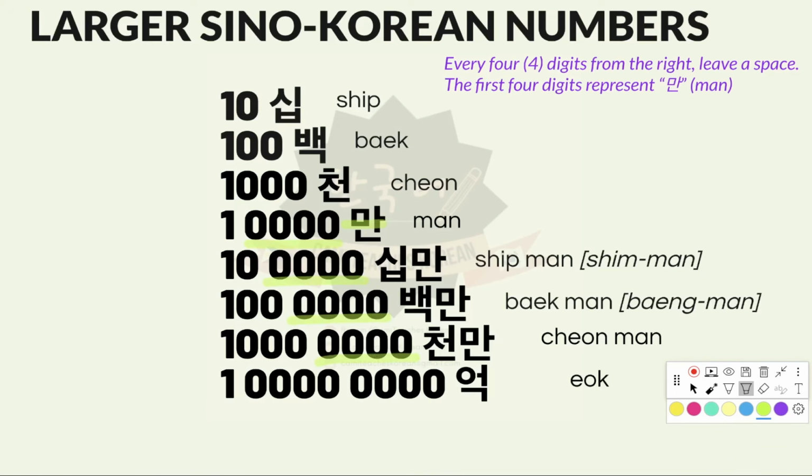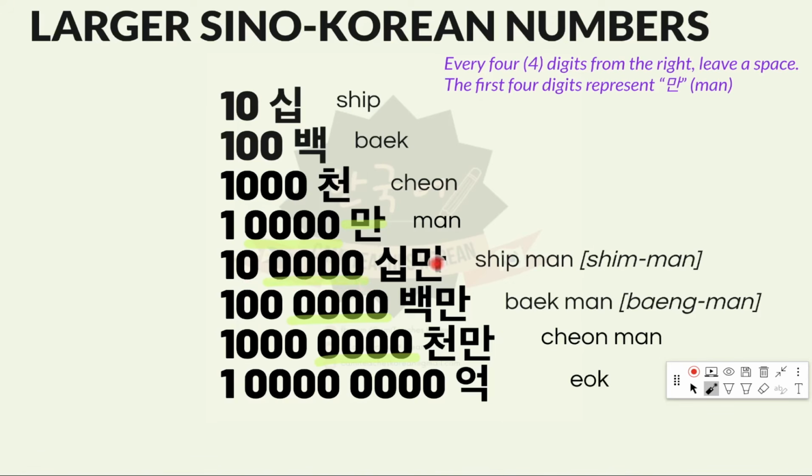So dito sa 4 digits po na yan, pag may man na po, this is our 10,000. So, il man. Tapos, after ng il, ano ba yung next digit after il? We have ship, di ba? May 10 po tayo. Ano to? May 10 po siya. Kaya po, shipman po siya, shipman, because this is our ship. Tapos, itong 4 digits na yan ay man.